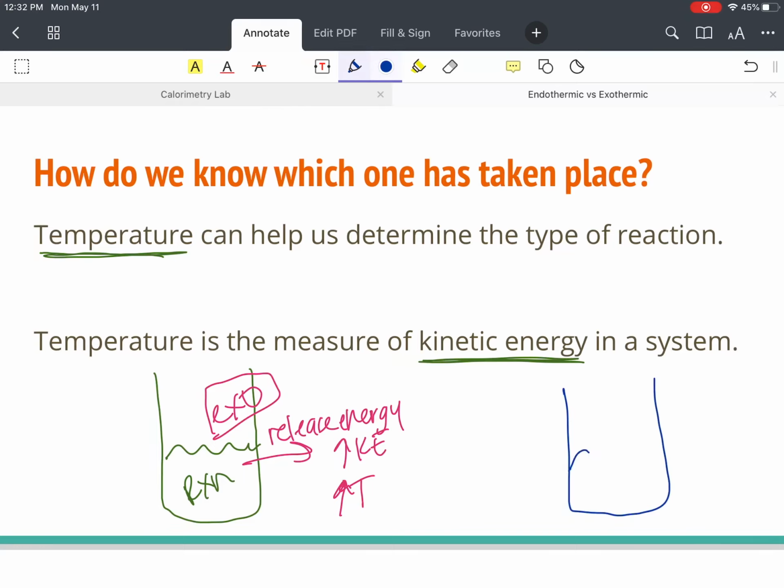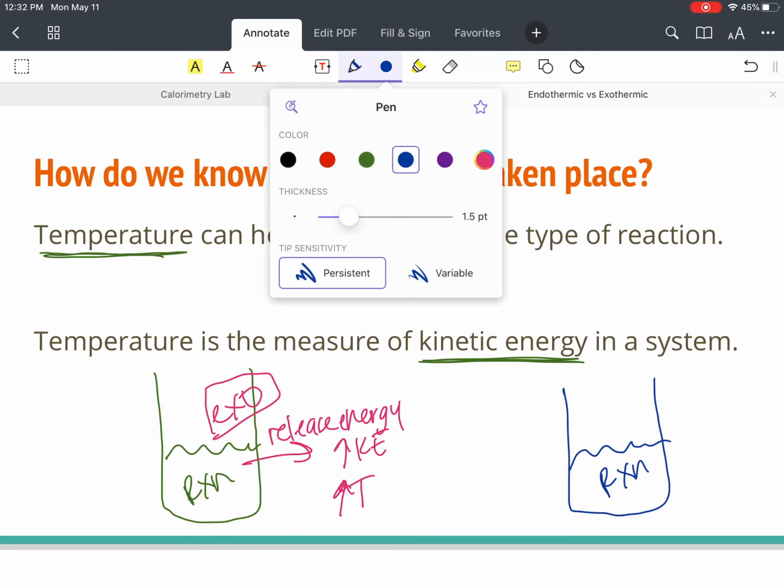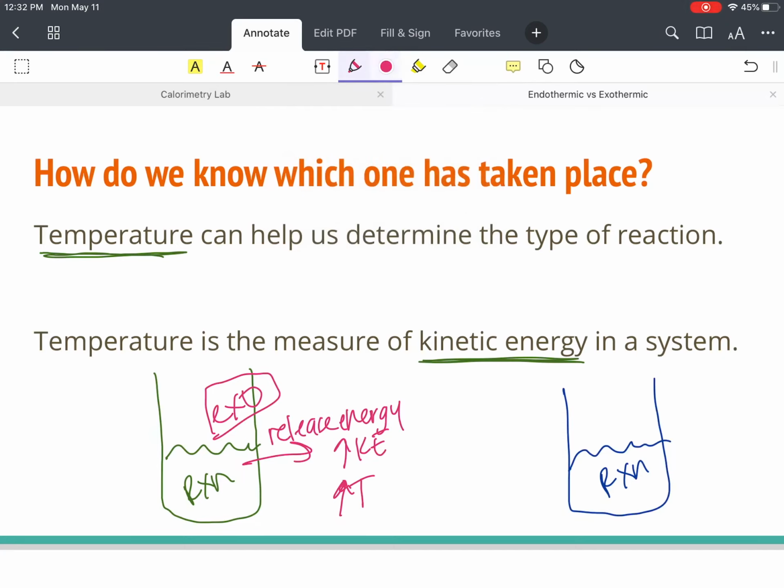Okay. Let me do a different color. Let's look at an endo. So let's say, right, I have a reaction taking place here. Okay. And remember, endo reactions, they need energy. So that means it's going to take energy from the outside environment and put it into the reaction. So it takes in energy.